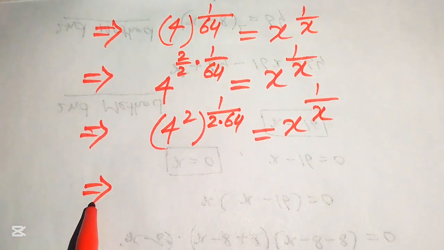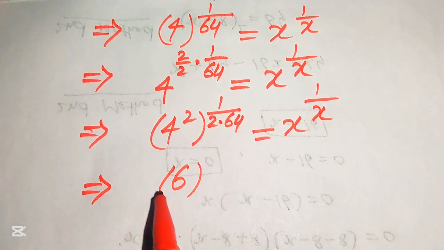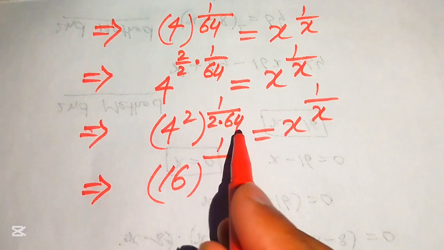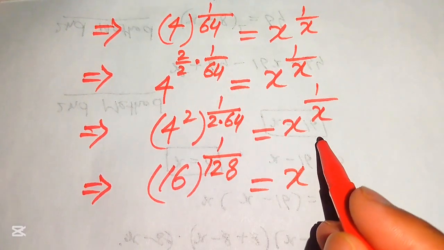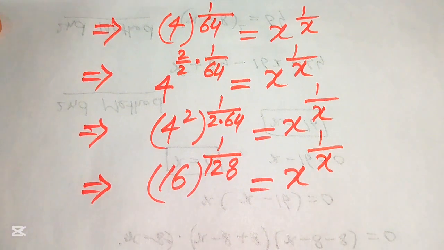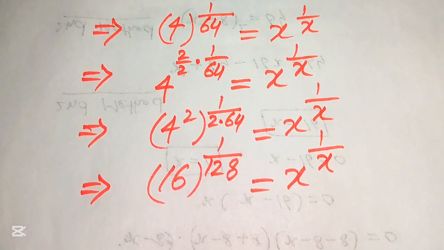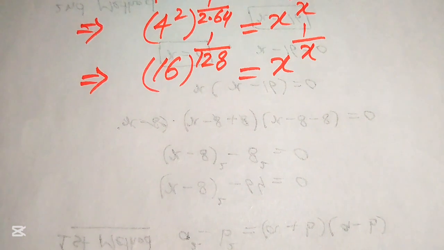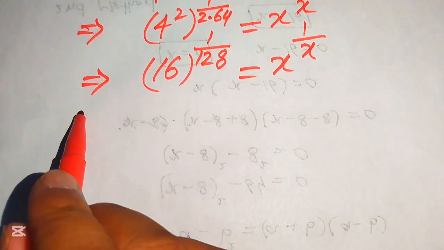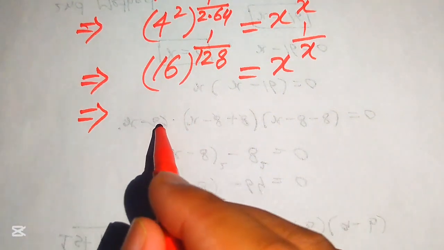And now we have 4 squared equals 16, and its exponent is 1 over 2 times 64 equals 128, equal to x to the power of 1 over x. And now again in the left hand side the exponent is not the reciprocal of its base. We again repeat this process.